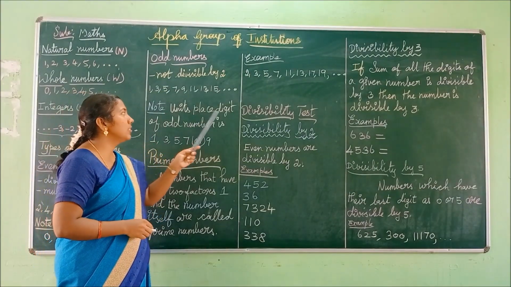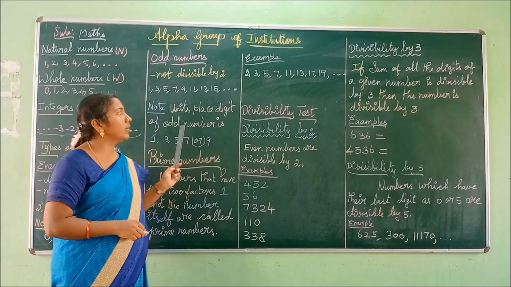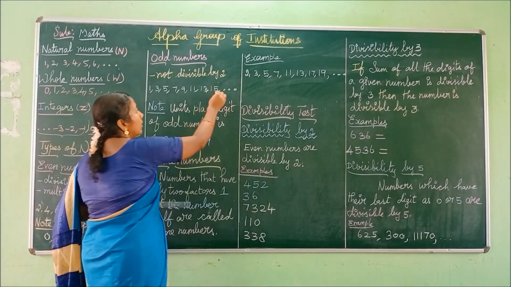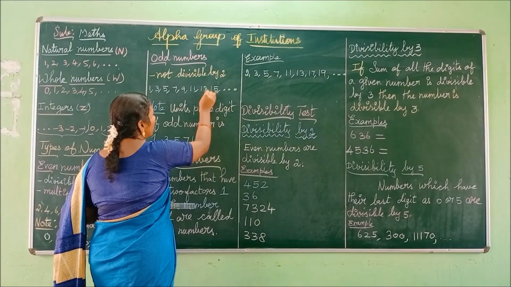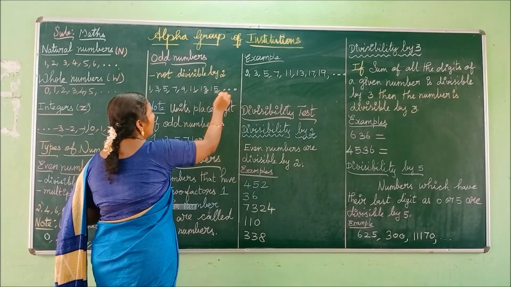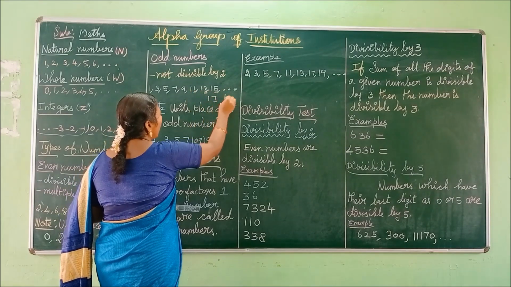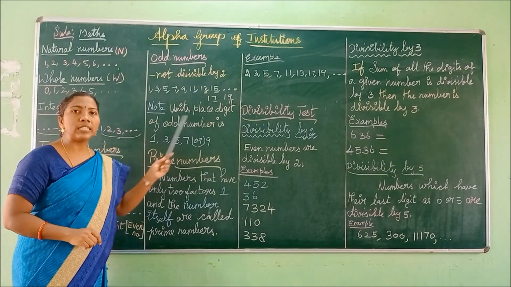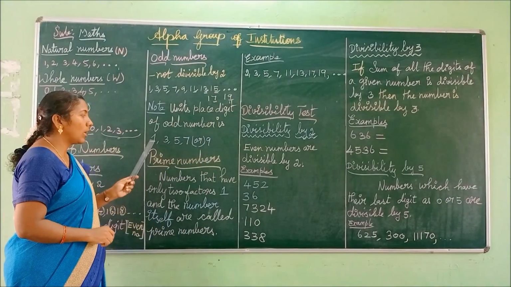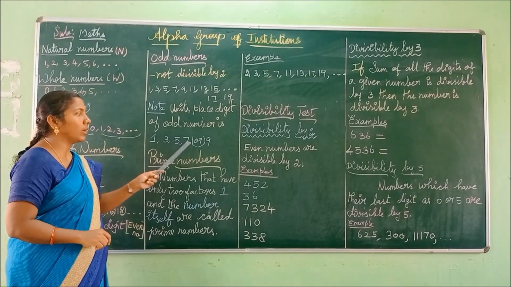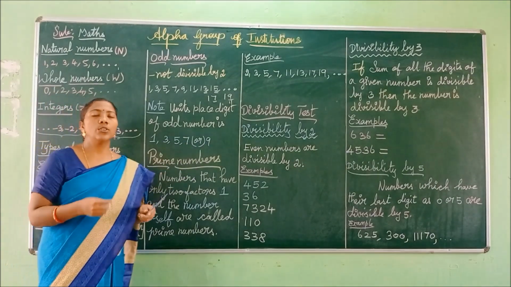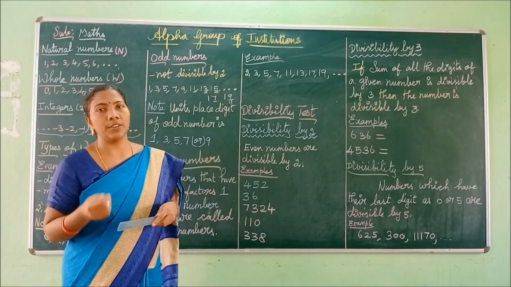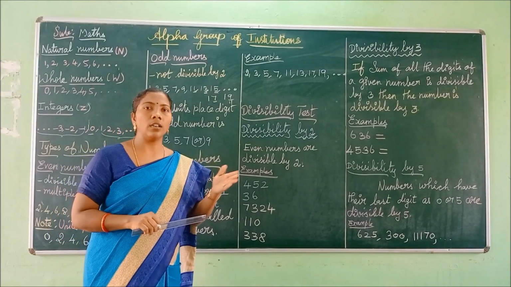What are the digits in the unit place of odd numbers? See here, for 15, 5. 13, 3. 11, 1. For 17, 7, and 19, 9. So the digits in the unit place of odd numbers are 1 or 3 or 5 or 7 or 9. So you can easily identify whether the given number is odd or even.